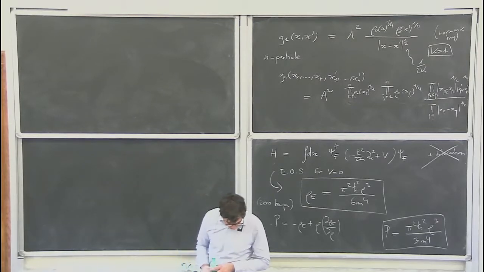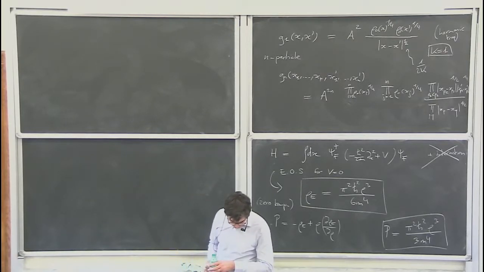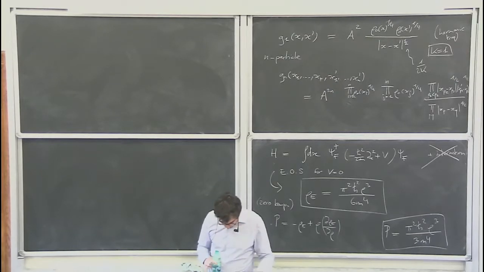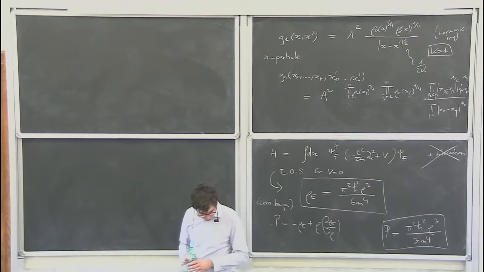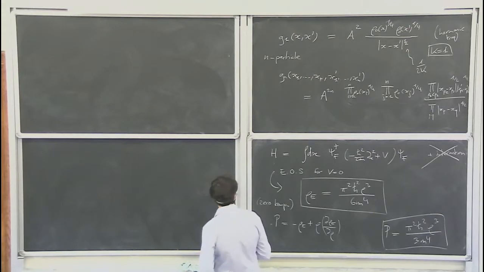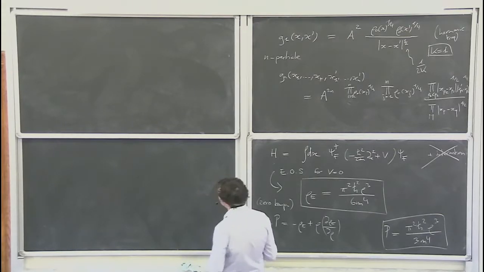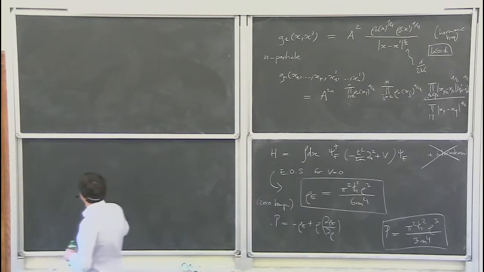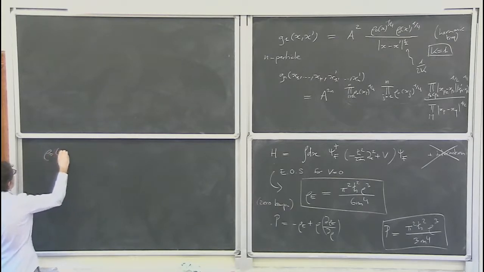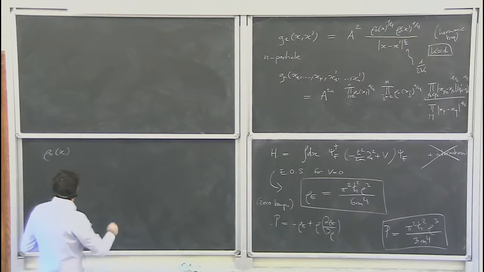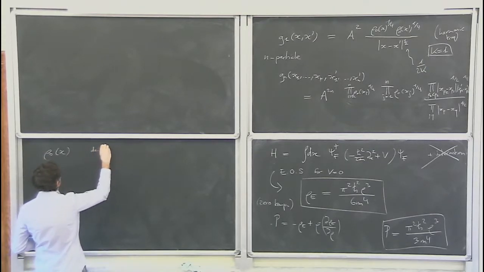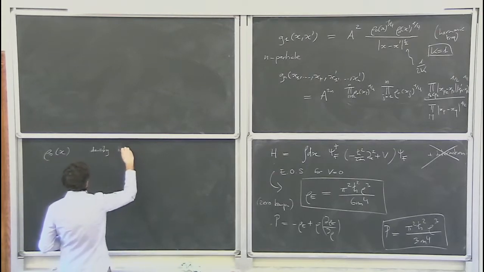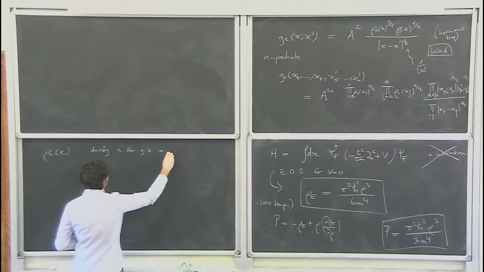Okay, so now we are going back to the Luttinger liquid, to describe the quantum fluctuations around this profile that I erased. But anyway, around this classical background profile rho naught of x, which describes the density in the ground state, in the trap.